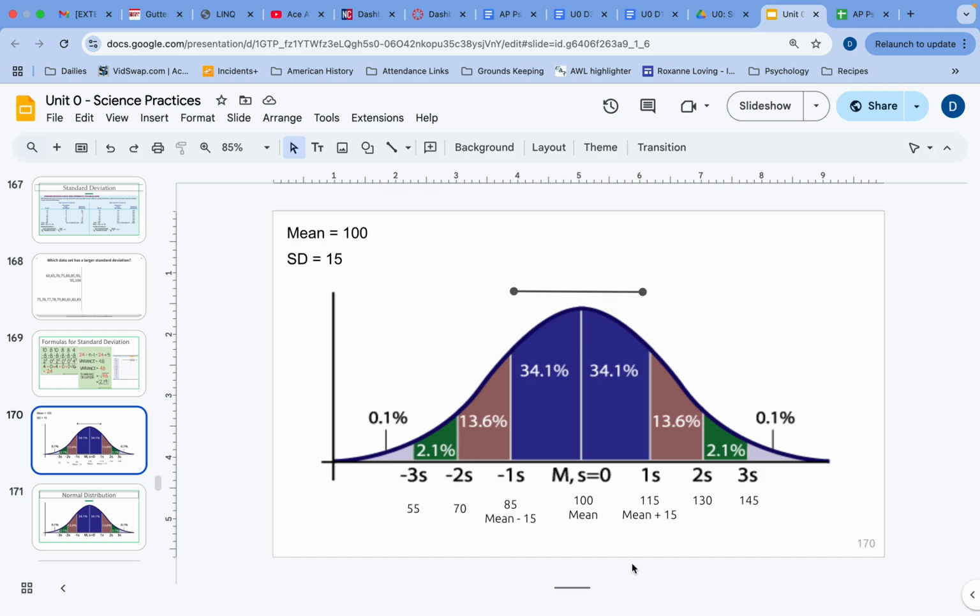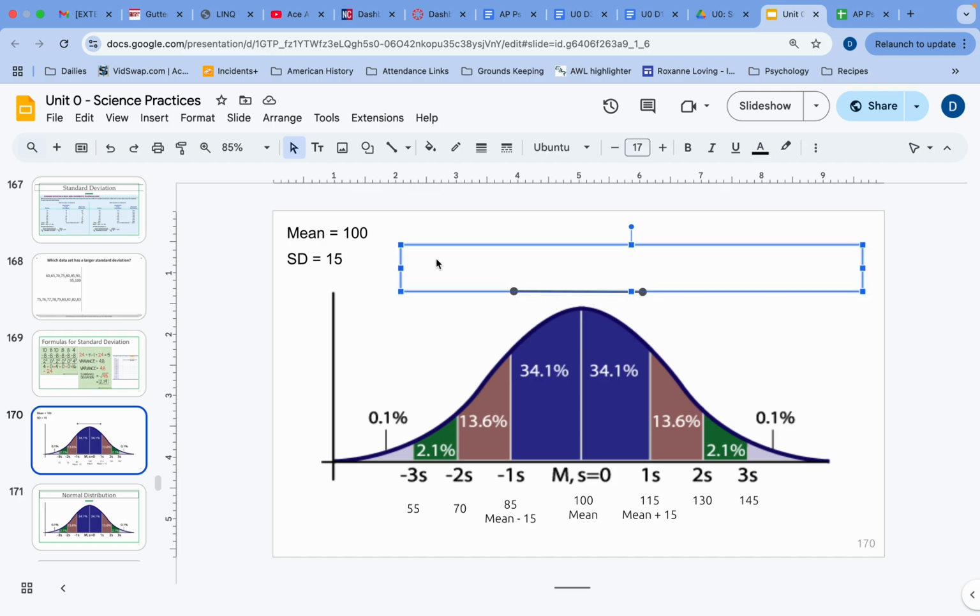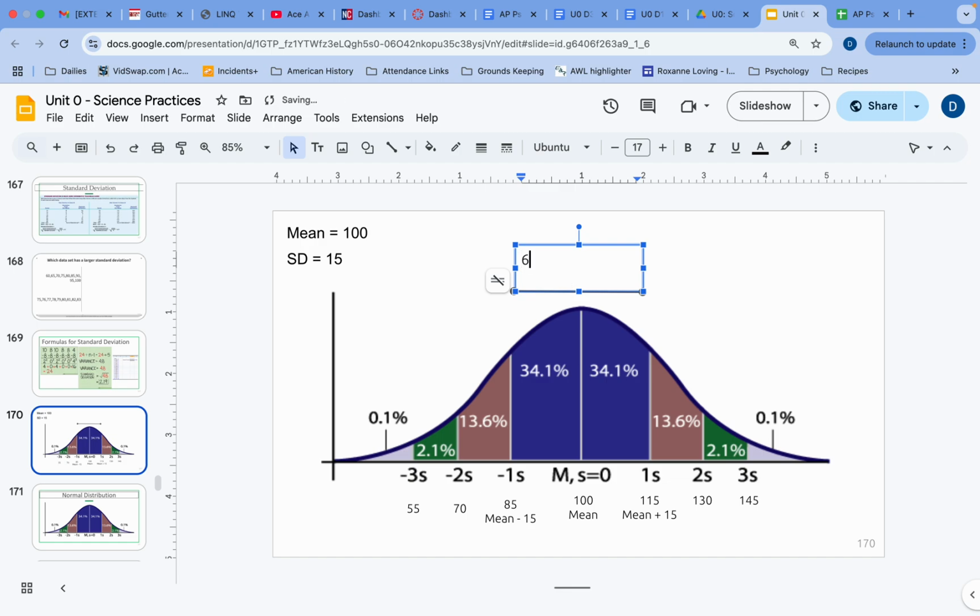They will ask you what percentage of the population scored between an 85 and 115. What they're really asking you is what percentage of any normally distributed data set scores between 1 standard deviation of the mean. And it's always 34 plus 34, it always equals 68. So, scores within 1 standard deviation is always going to be 68%. If it's normally distributed, that's the key.